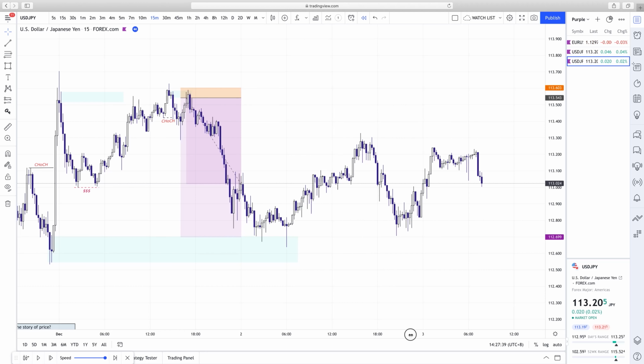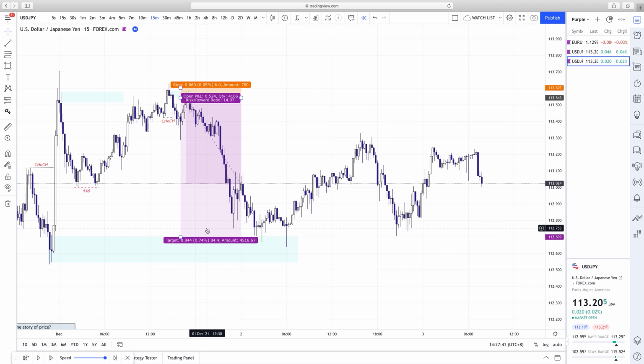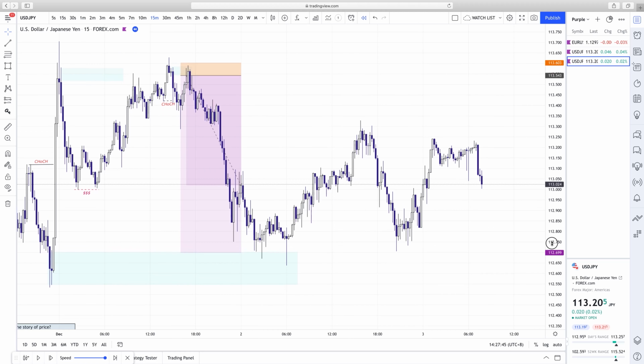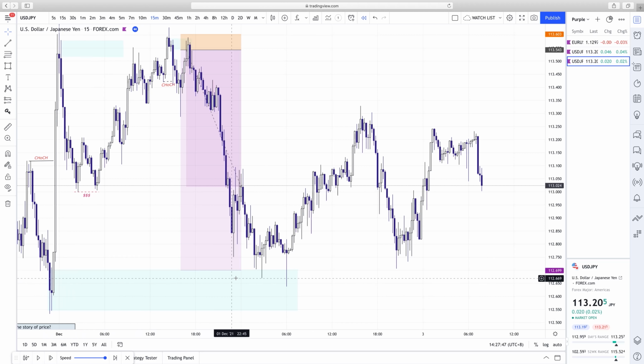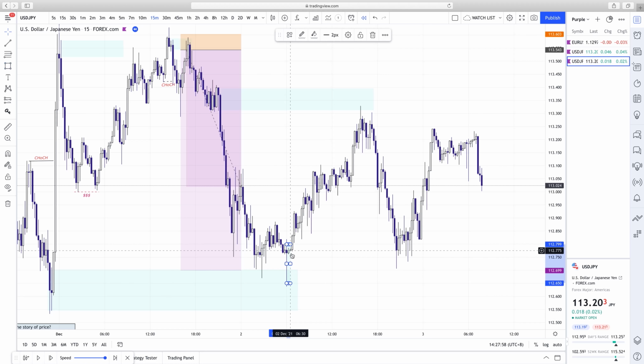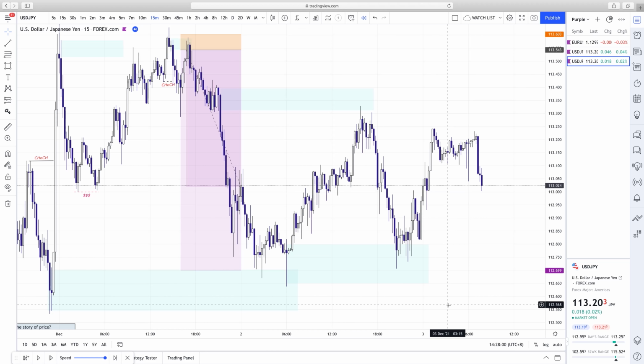So forget this stuff. This is yesterday, but I'm still understanding this narrative to understand why price is doing what it's doing. Okay. So price reacted to this 15-minute supply and demand, and then it's come back into this 15-minute supply level, and then it's come back into this 15-minute demand level in here, and now it's having the reaction.